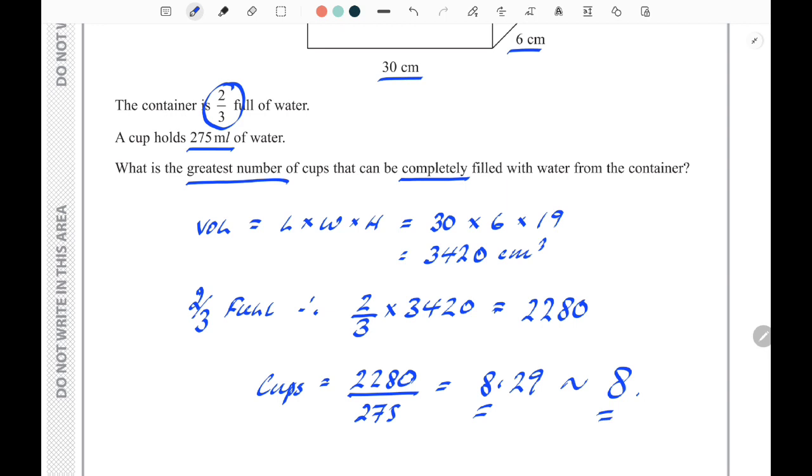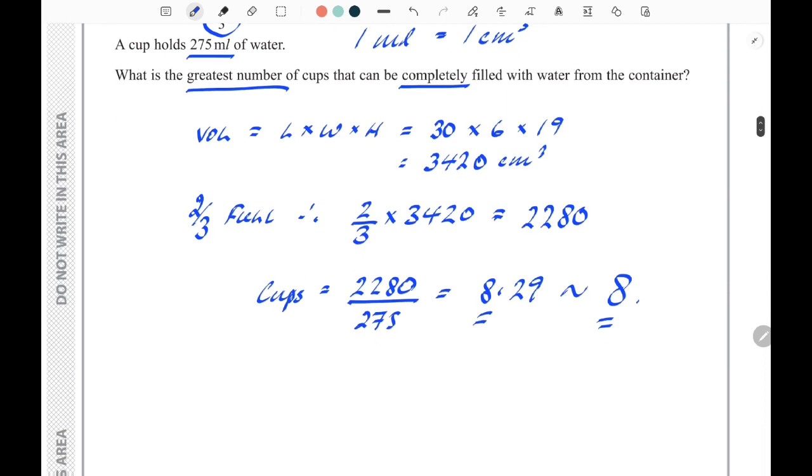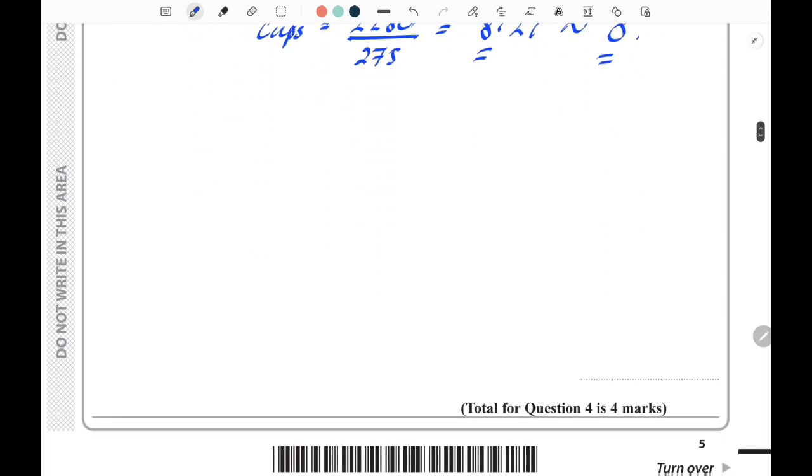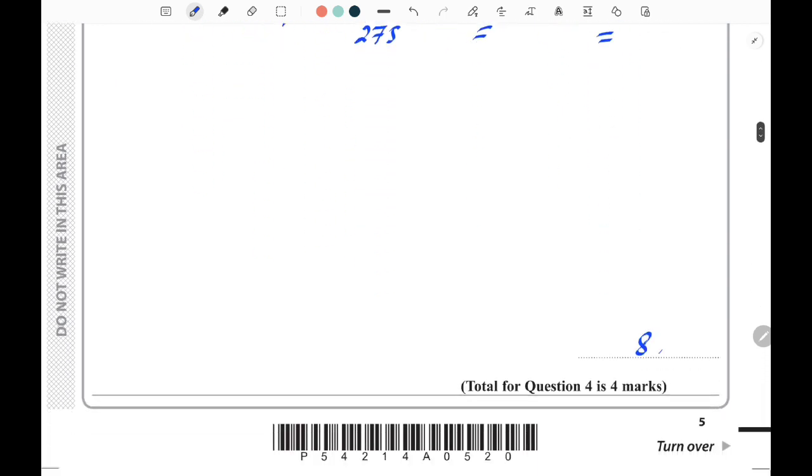Now, one really important thing to note, in case you're not sure about measures, 1 milliliter equals 1 cubic centimeter. So they're actually the same quantity. So please bear that in mind. And so the answer is 8.